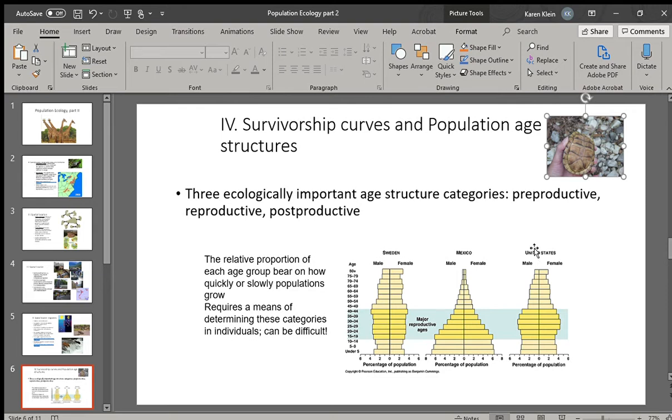Or you might catch an equal amount of males and females, but all of your turtles that you're catching may be geriatric, and that might tell you that there is no recruitment into this particular population.